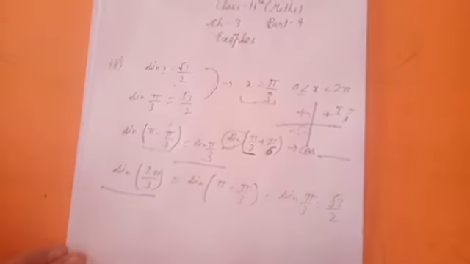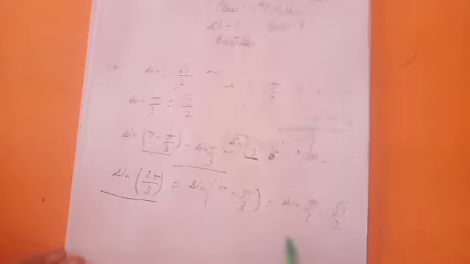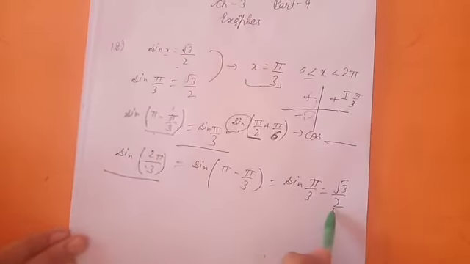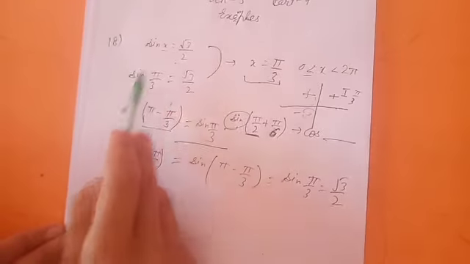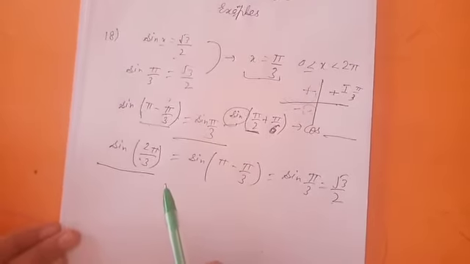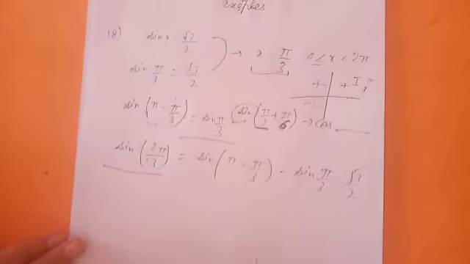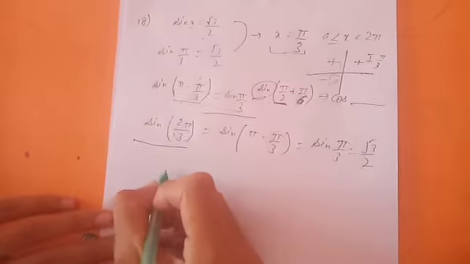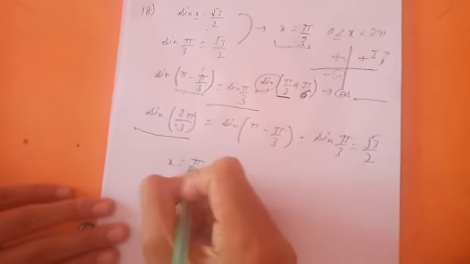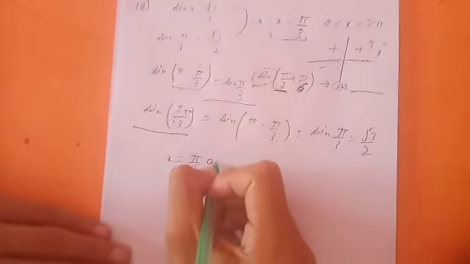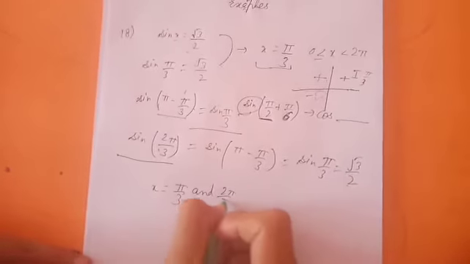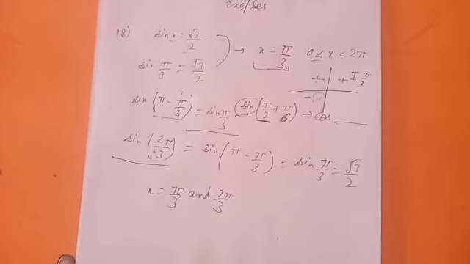So sin 2 pi by 3 is also equal to root 3 by 2, and sin pi by 3 is also equal to root 3 by 2, and these both lie between 0 and 2 pi. Therefore the principal solution of this question will be x equal to pi by 3 and 2 pi by 3. Okay, understood?